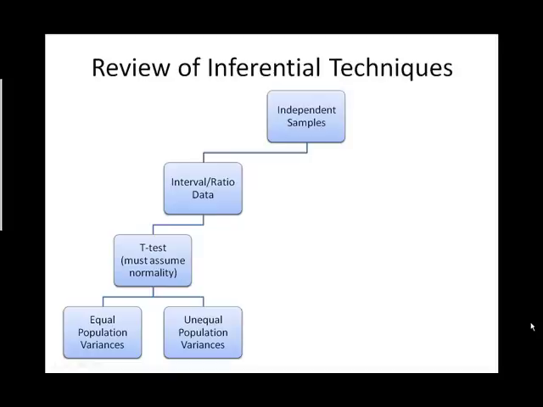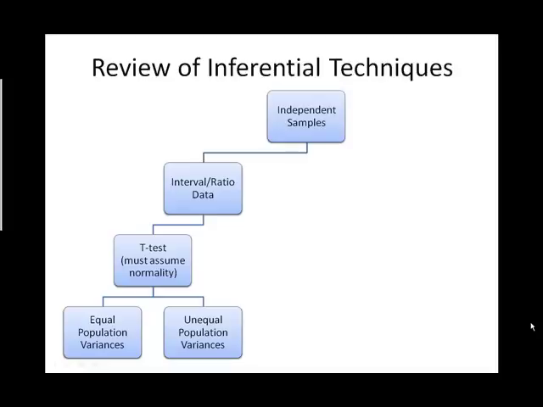If this assumption is met, then we can proceed with the equal variance t-test. If twice the smallest standard deviation is actually less than the largest standard deviation, we have to proceed with the unequal population variance t-test. Now, keep in mind that we are only using the t-test because the interval ratio data that we collected appeared to be normally distributed.